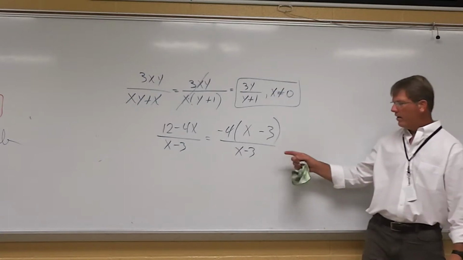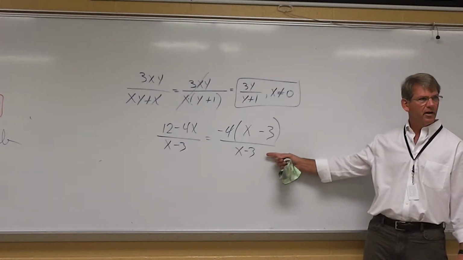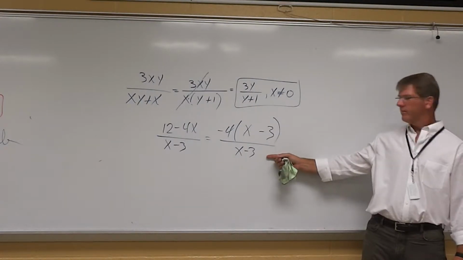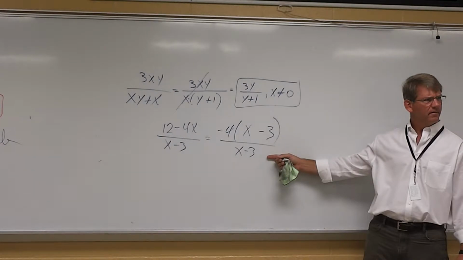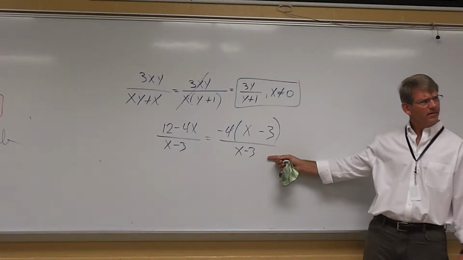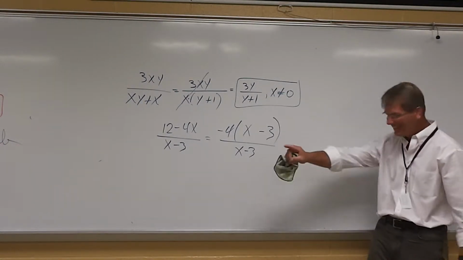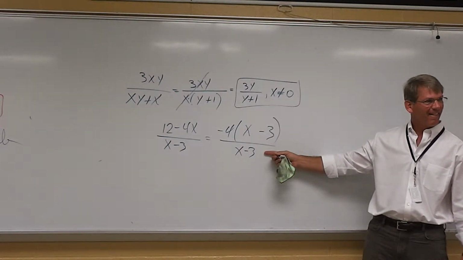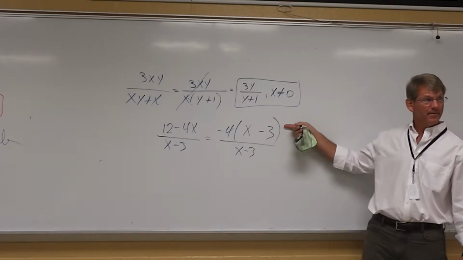Right now, what number is multiplying this x minus 3 in the denominator? What number is multiplying this x minus 3? Negative 4? No, that's multiplying that one. What about this one down here?